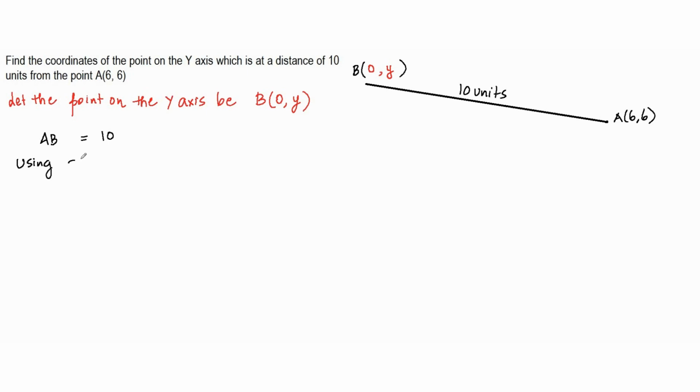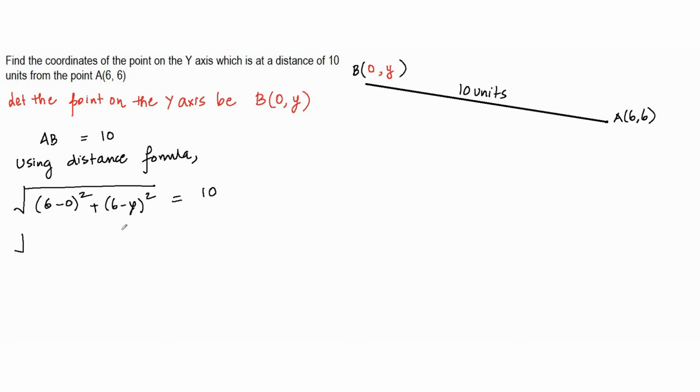So using distance formula, the length AB will be square root of (6 − 0) the whole square, that's the difference between their x coordinates, plus (6 − y) the whole square, that is the difference between their y coordinates, and this is given as 10 units. So I can now calculate this as square root of 36 (6 square) plus (6 − y) the whole square is equal to 10.